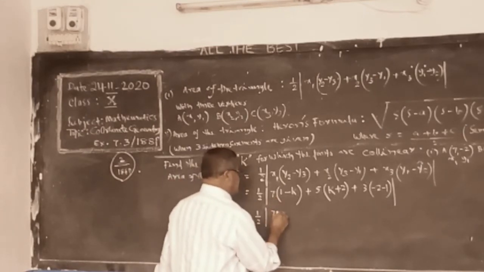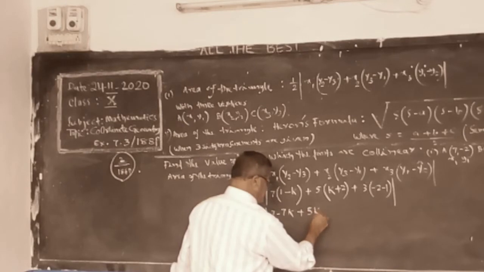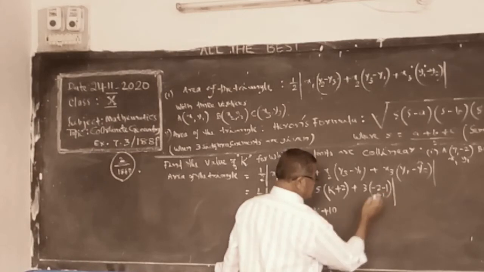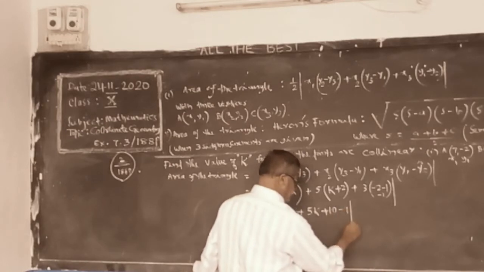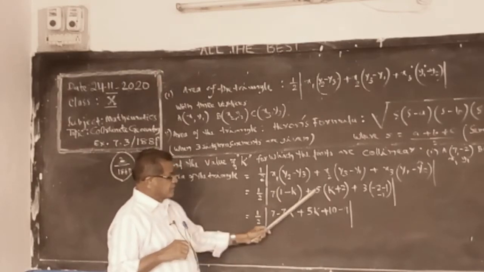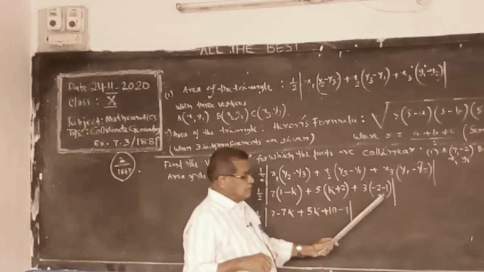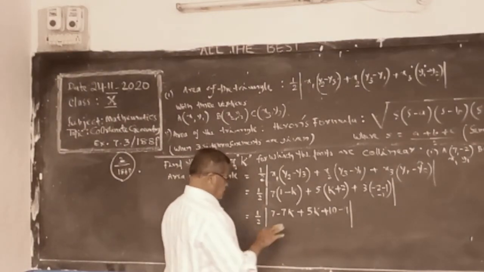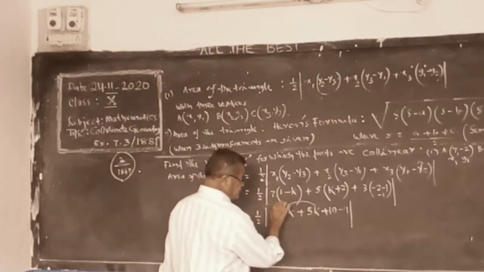Multiply: 7 times 1 is 7, minus 7k, plus 5k plus 10, and minus 2 minus 1 is minus 3, so 3 into minus 3 is minus 9. The numbers are 7, 10, 9.